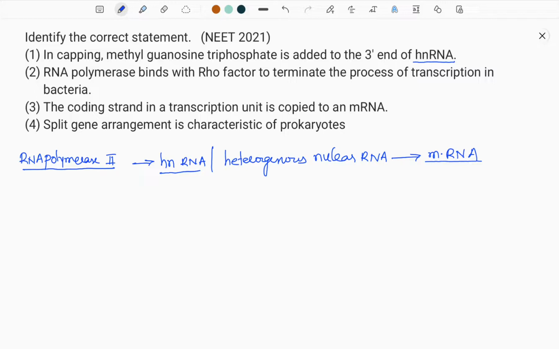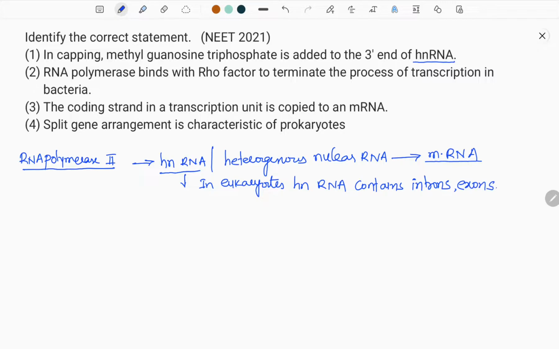Now let us see, this hnRNA, in eukaryotes, contains both introns and exons. What are introns and what are exons?